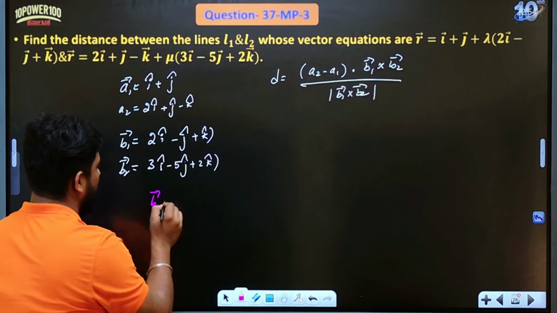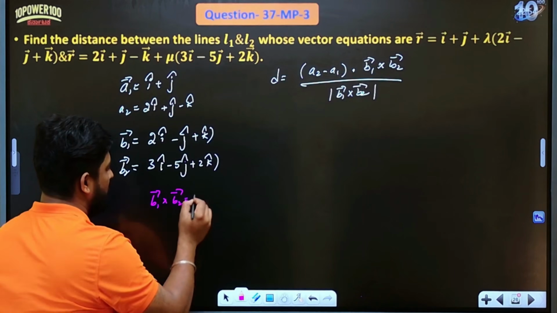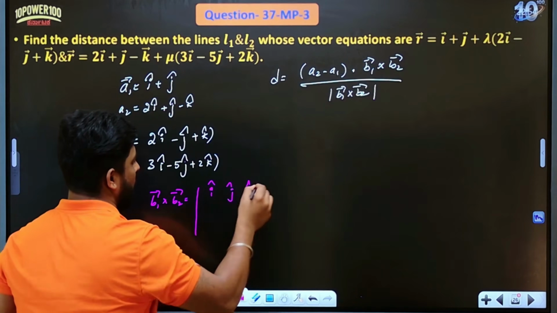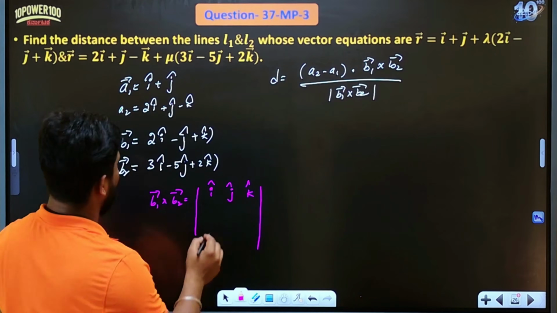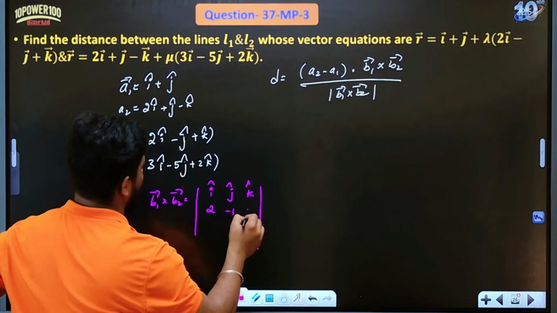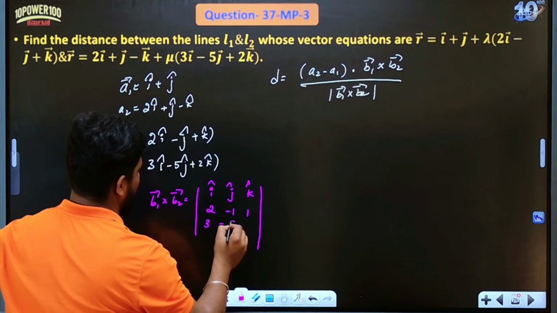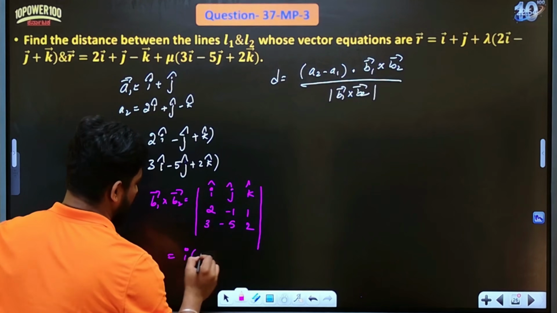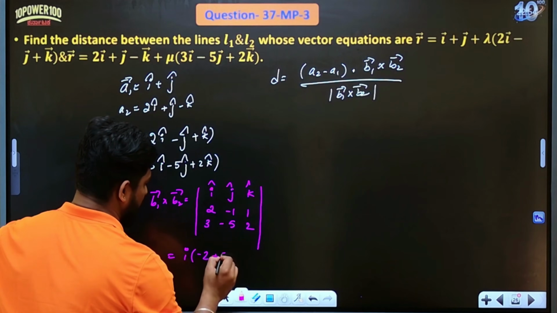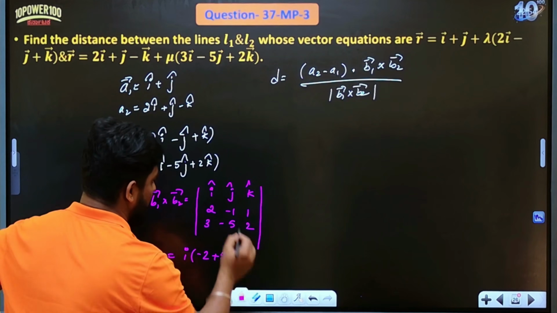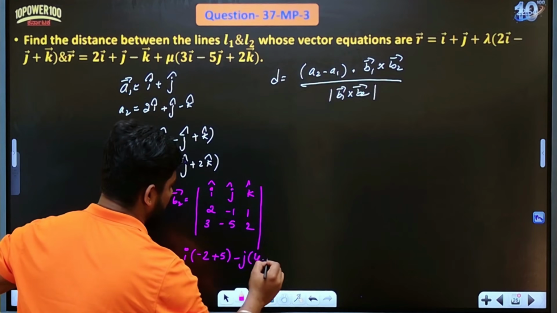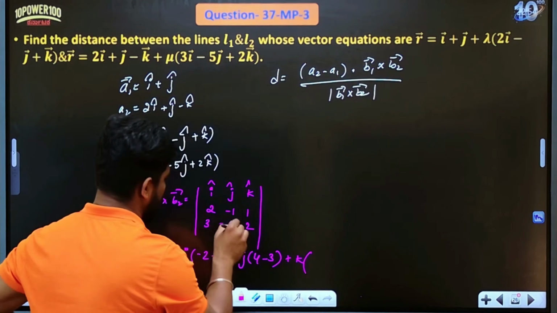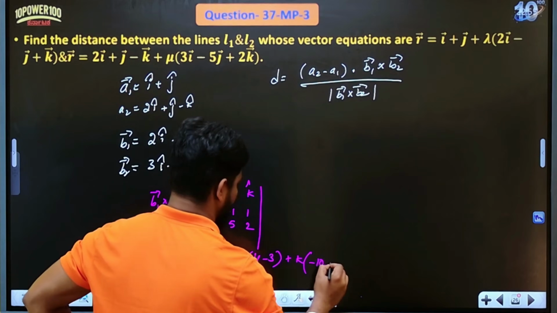So B1 cross B2 in ijk form: 2 minus 1 1 and 3 minus 5 2. So i of minus 2 plus 5, minus j of 4 minus 3, and plus k of minus 10 plus 3.